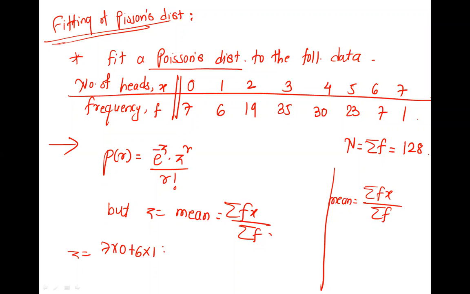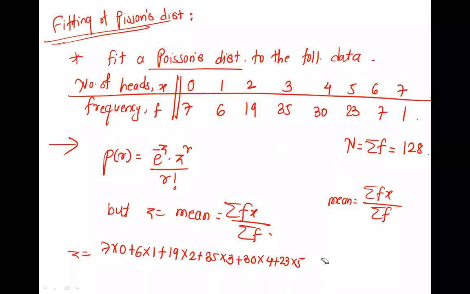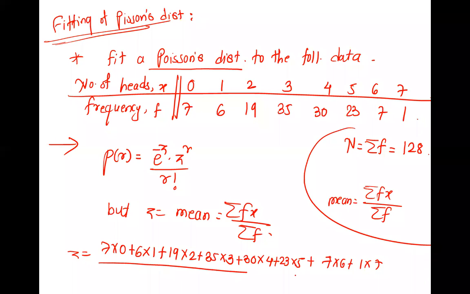So 6 into 1, 19 into 2, 35 into 3, plus 30 into 4, plus 23 into 5, plus 7 into 6 plus 1 into 7, upon summation f, that is 7 plus 6 plus 19 plus 35, 30, 23, 7, 1.